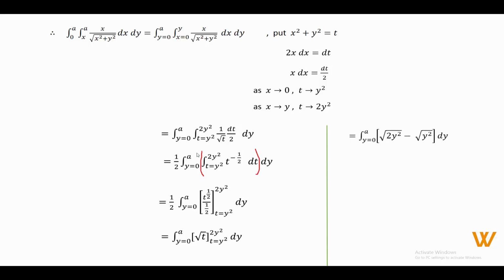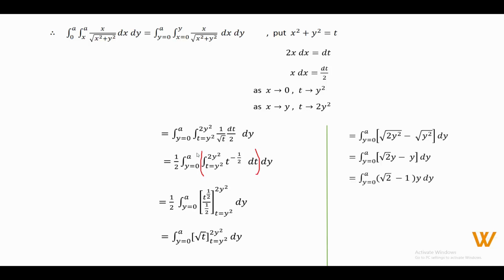We get integration y varies from 0 to a, inside the bracket, square root of 2y square minus square root of y square dy, which is integration y varies from 0 to a, root 2 root y square is y, minus root y square is y, dy.